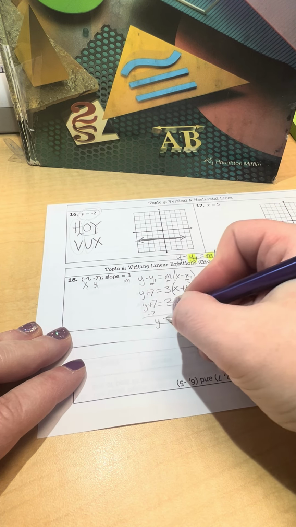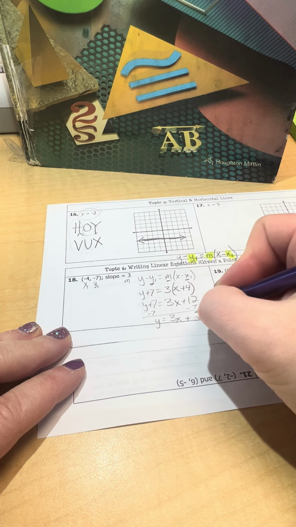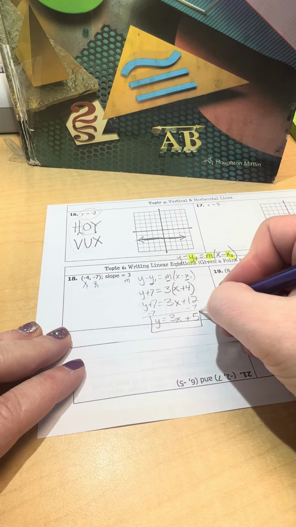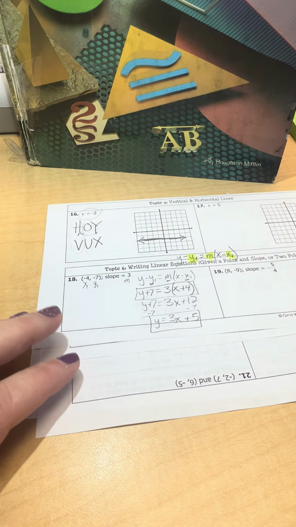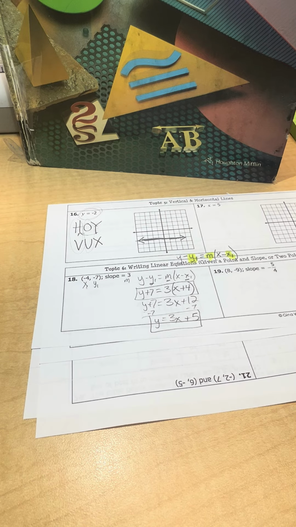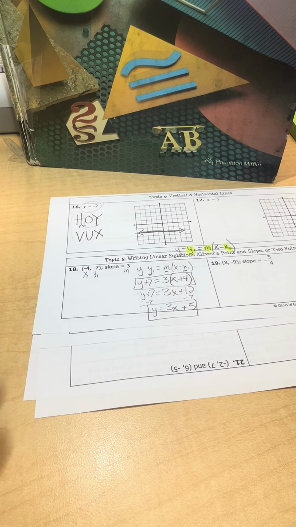See? It's not so bad. You get y equals 3x plus 5. Either one. These two are equations of the same exact line. It's just going to depend.